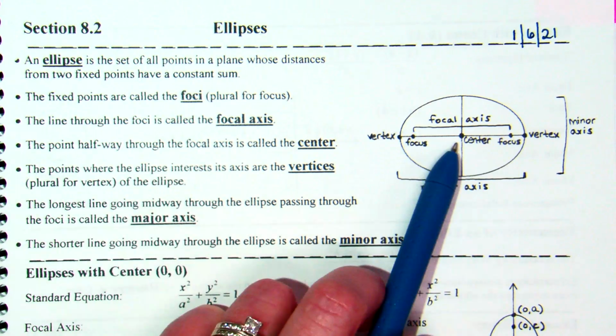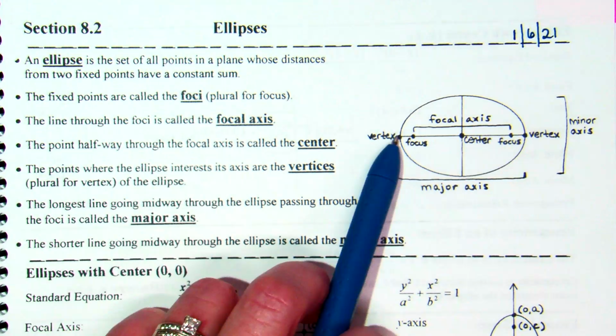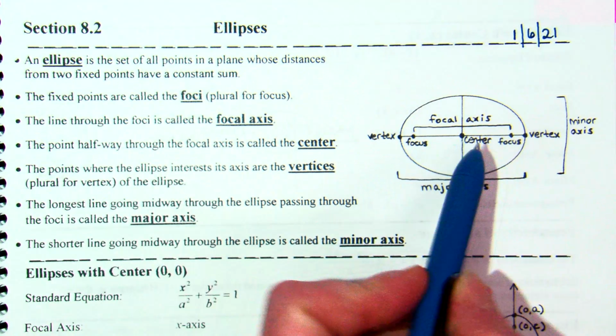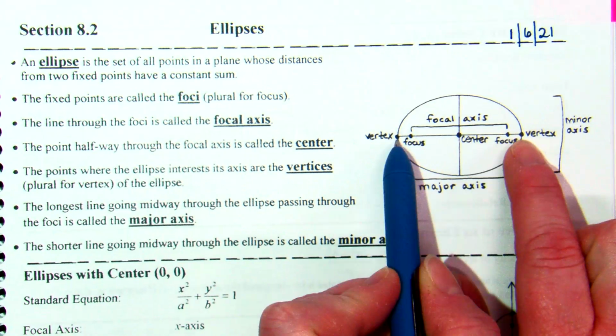Just like a circle has a center, an ellipse has a center. The points where the ellipse intersects its axes are called the vertices. So instead of having one vertex, we have a pair of vertices. So here's our center of the ellipse. Foci are a little farther out, and then we have the vertices, which are out here.